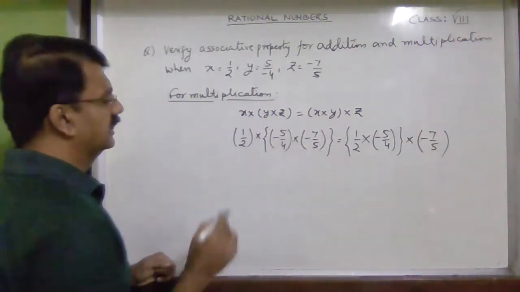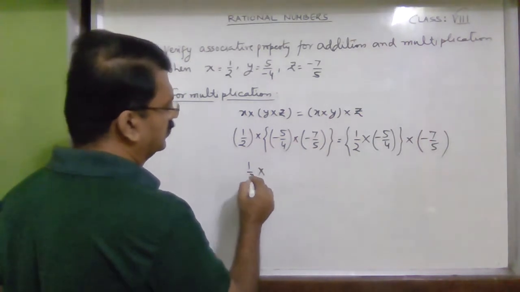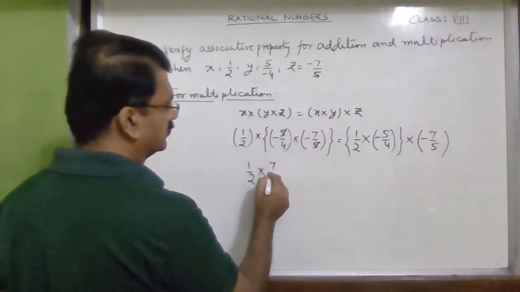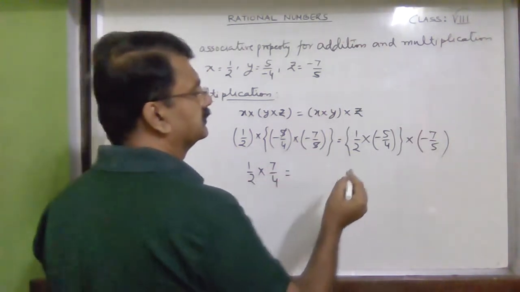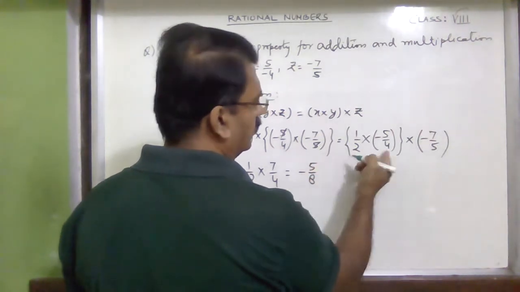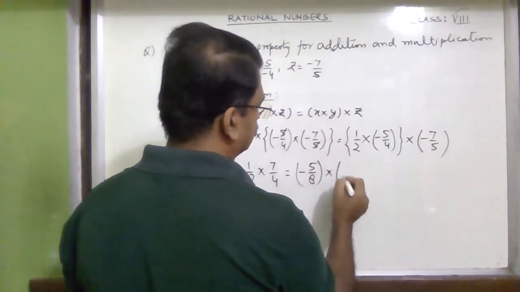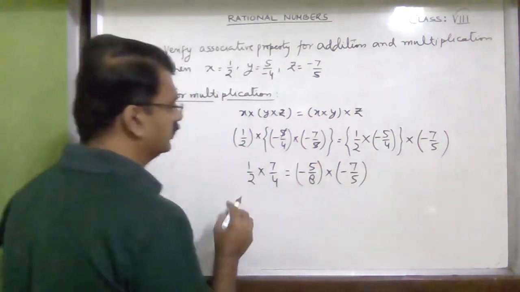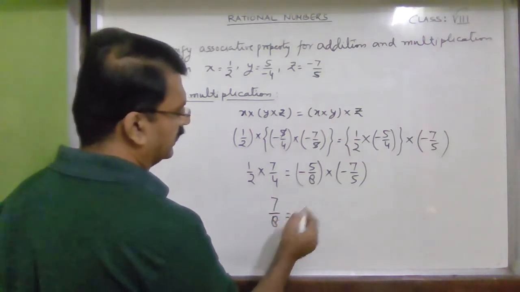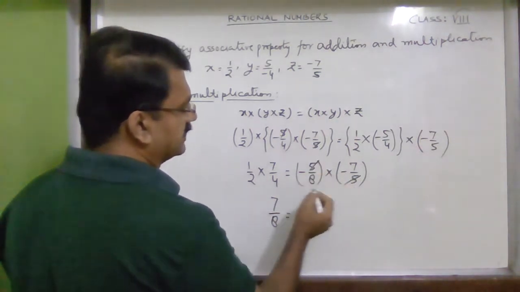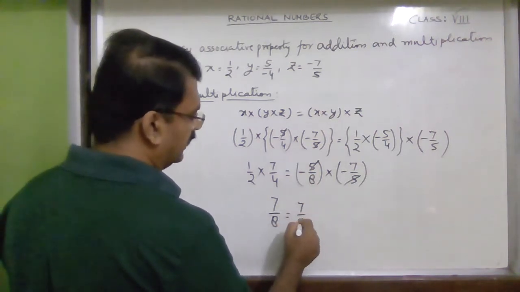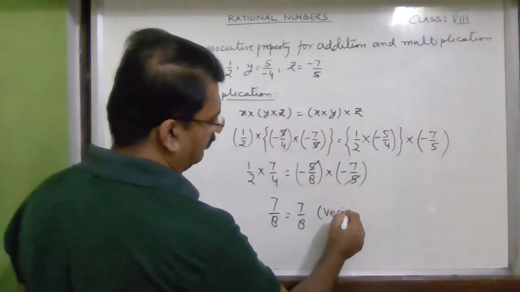Take this. Okay. Now you see 1 by 2 into minus 5 by 4 is minus 5 by 8. Minus into minus becomes plus, 5 cancels out, 7 upon 4, and here 1 into 7 is 7, 4 into 2 is 8, 7 upon 8. There 5 cancels out, minus into minus plus, so 7 upon 8 again. So once again you can see it is verified.